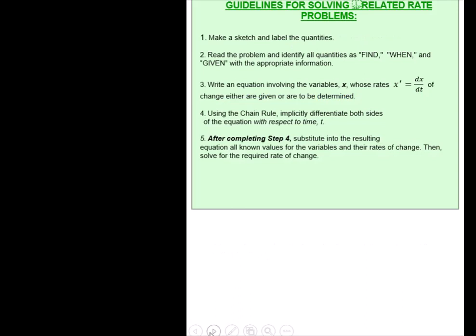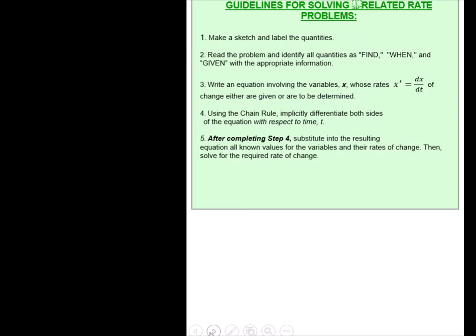And by the way, because we're going to have at least two different functions that are both functions of time, not functions of each other, we're going to be using implicit differentiation to take the derivative. So among the things we're going to do on our homework is I'm going to give you some problems to practice and review implicit differentiation.